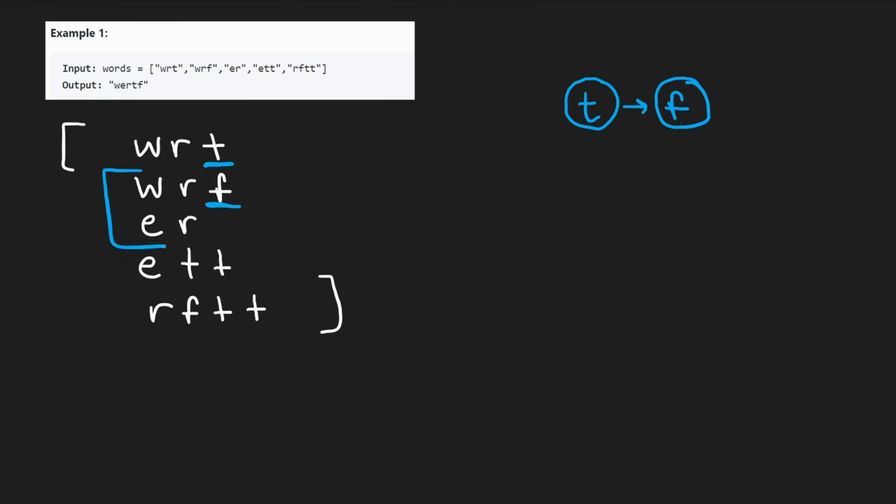Next, let's look at the next two words. So we're going to look at the first two characters and immediately they're different. So we know that these two words were sorted based on this first character, and we know that E comes after W because they're in that order. We have a character W and we know for sure E is going to come after that W. Now, who knows? Maybe there are some characters in between here, right?